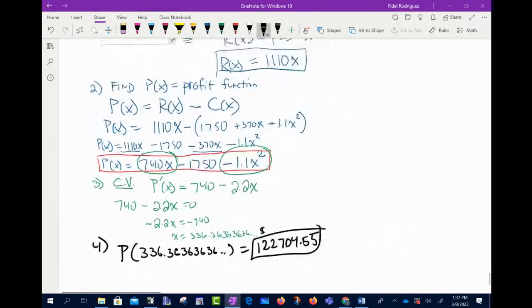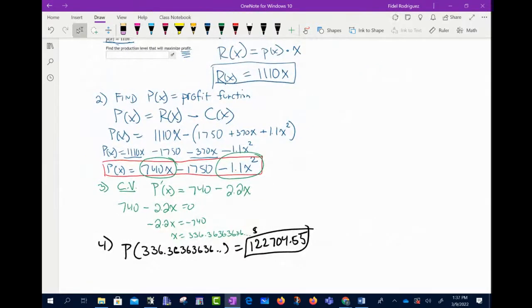And that right there, y'all, is going to be, oh, okay. Well, we did a little bit extra. I didn't do a good job of reading the directions. It just says find the production level that will maximize the profit. That would have been the 336.36 with a little line, right? Because it was asking me how many do we have to make.